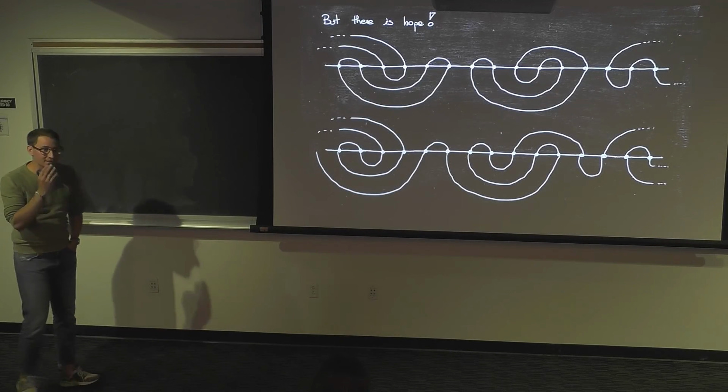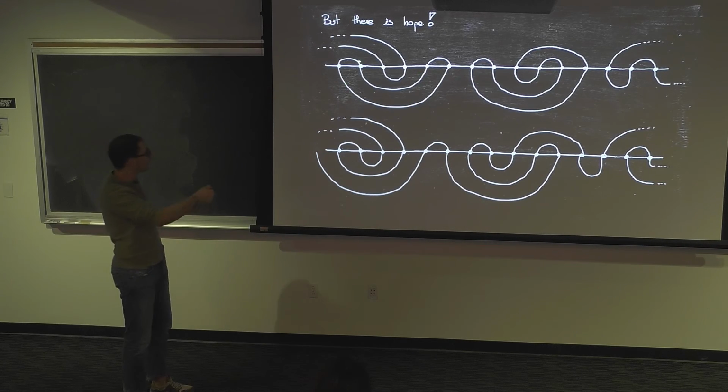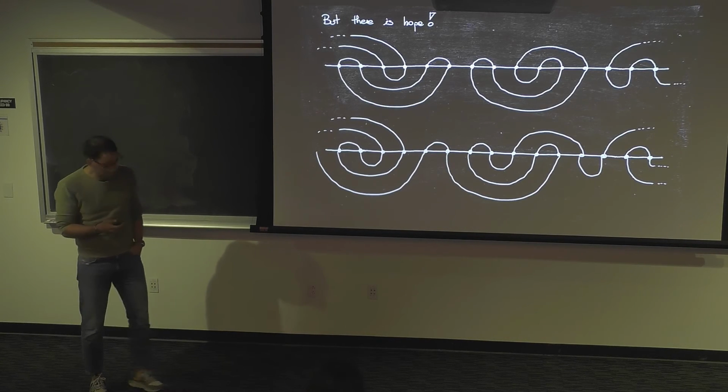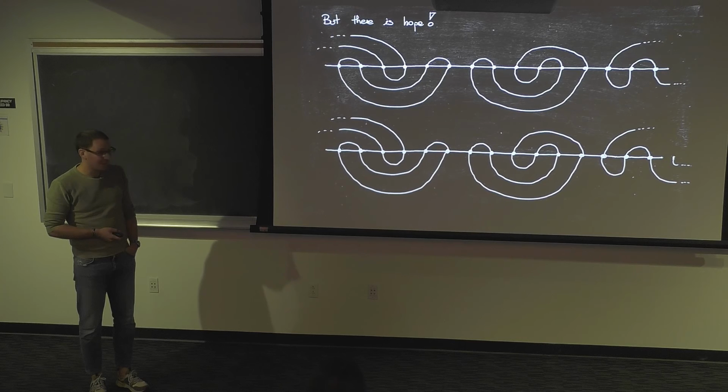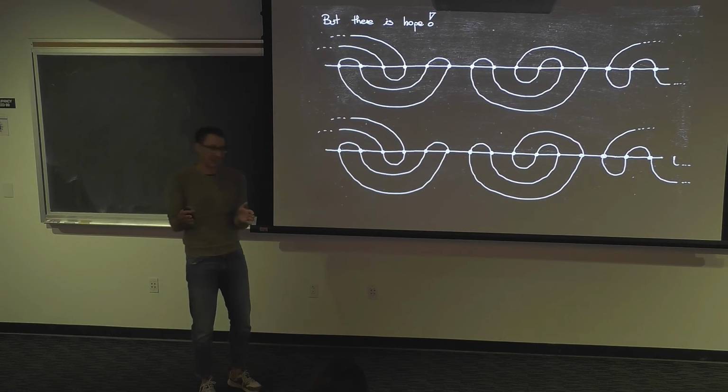Look at these two meandric systems. They look pretty different, right? One has very few loops. The other one has a very big loop here. Look at these. The only thing that I did was to translate by one the bottom walk.